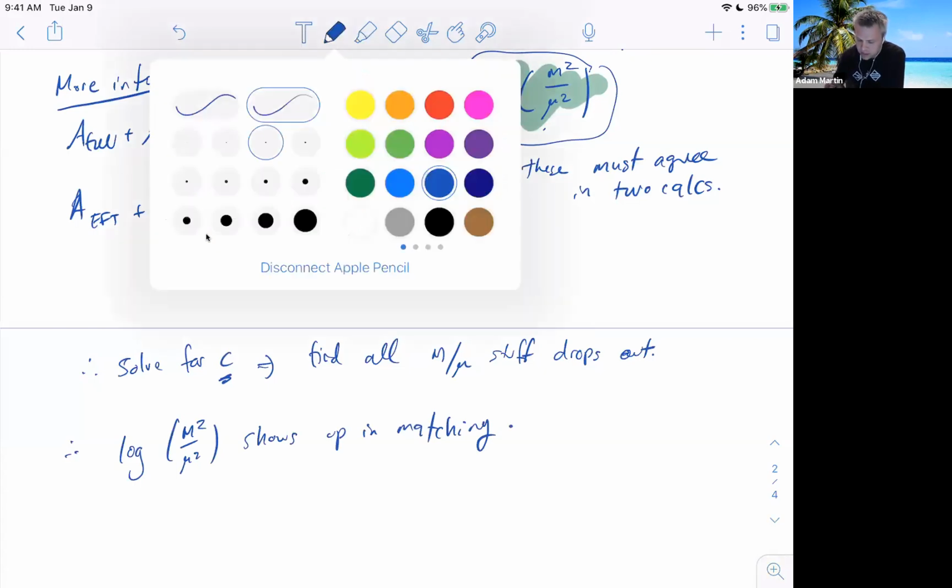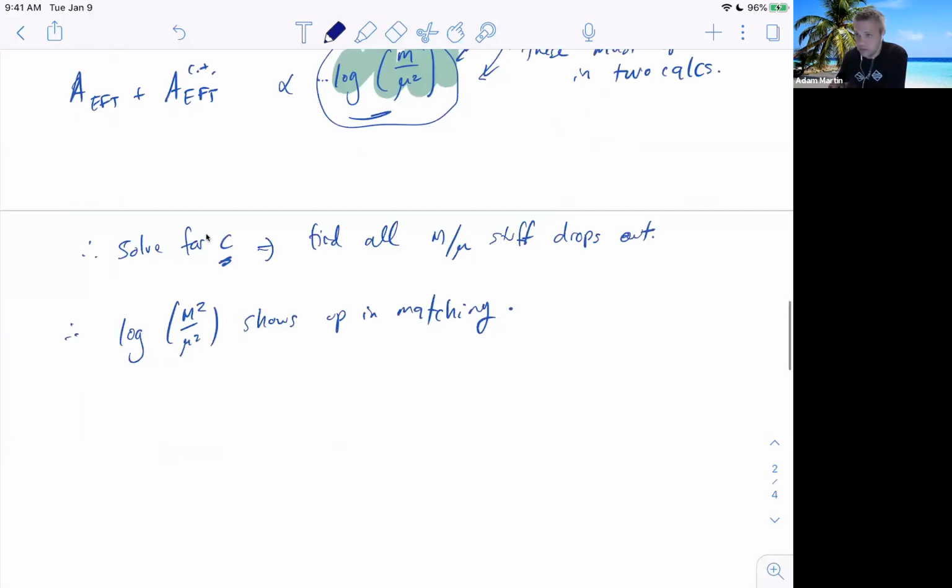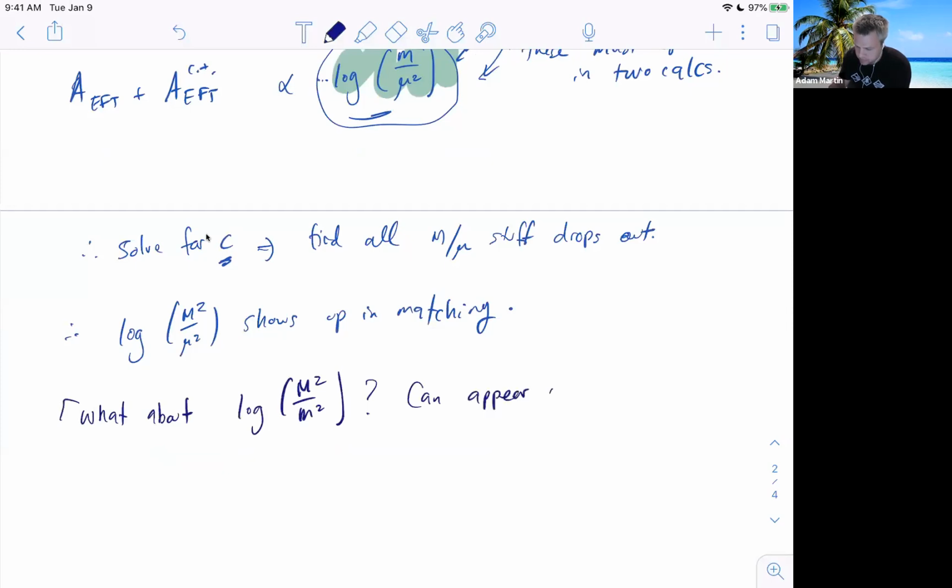Now, you've been very nice and no one has raised the question. There is yet another alternative here. What about big M squared over little m squared? This is certainly something that can appear in the full theory, but you can't break it up.